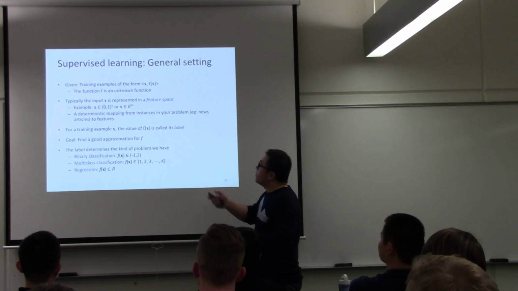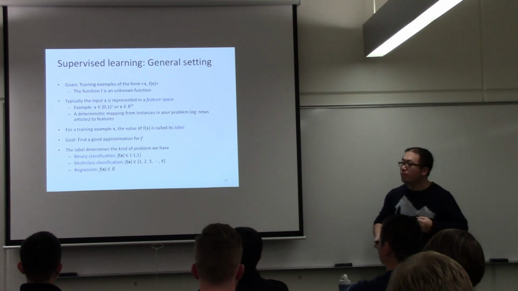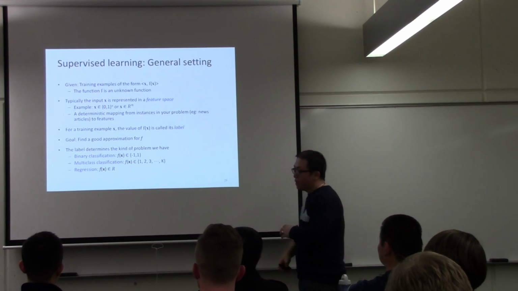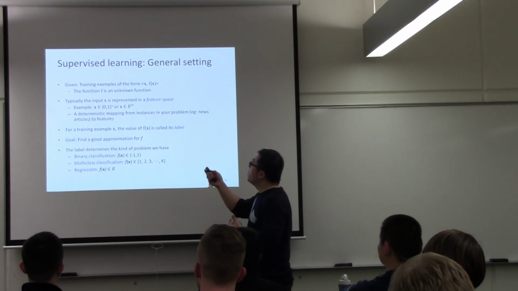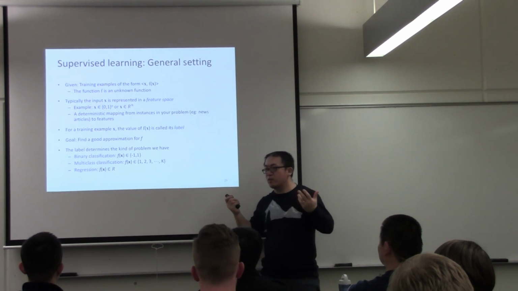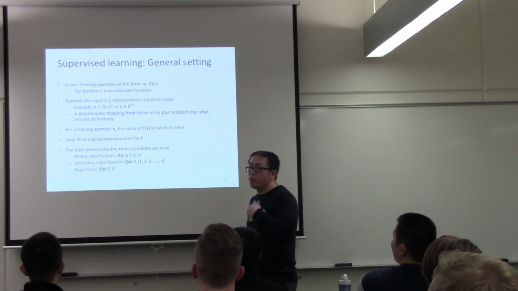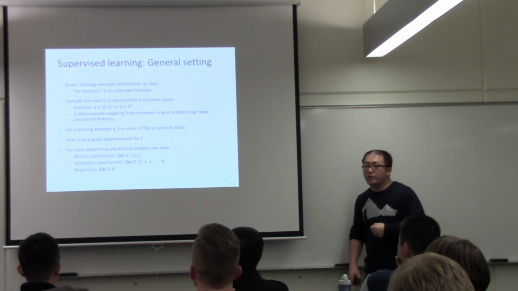And to get this feature vector representation in our machine learning algorithms, we usually have to use a deterministic mapping to map from the raw instance, the original instance, to the feature vector space we are going to use. And this process is usually referred to as feature extraction, which we will explain later.